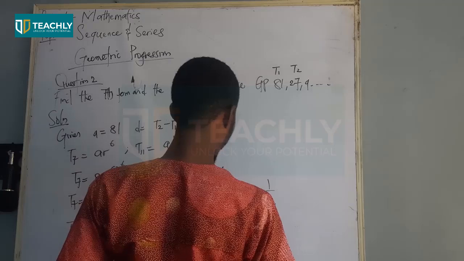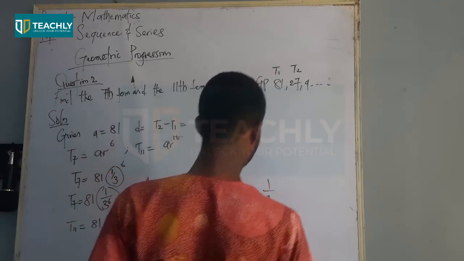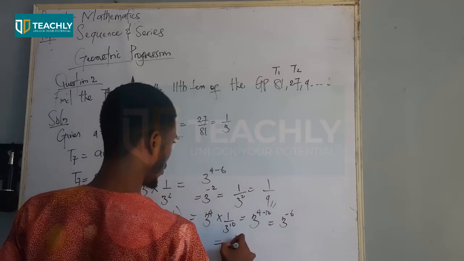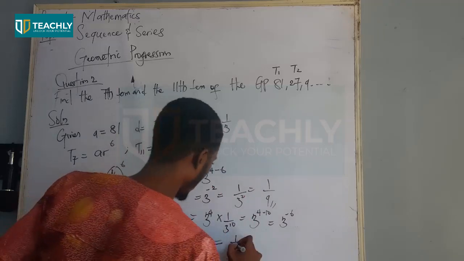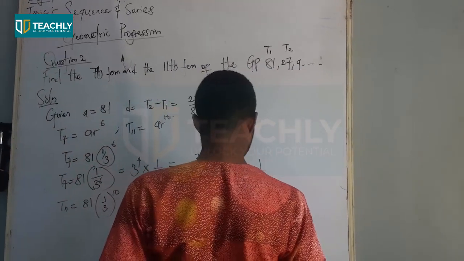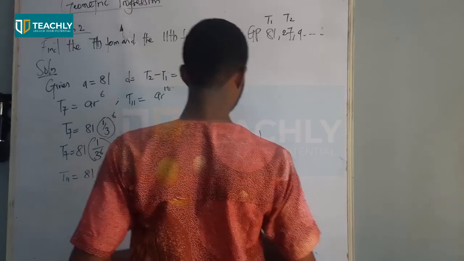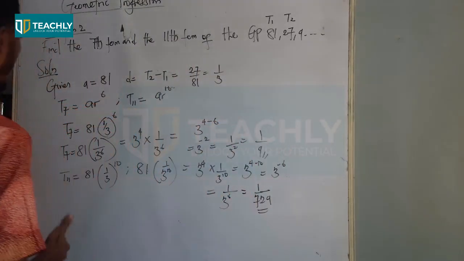So we have 3 to the power of 4 minus 10. We have 3 raised to the power minus 6. And then that's going to give us 1 over 3 raised to the power of 6. 1 over 3 raised to the power of 6 is 1 over 729. Is this clear enough?